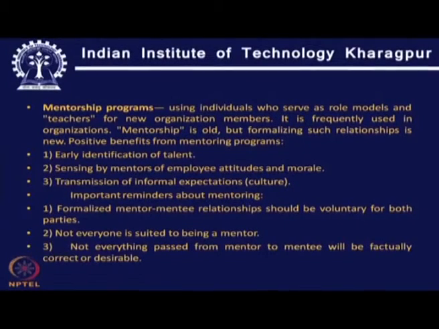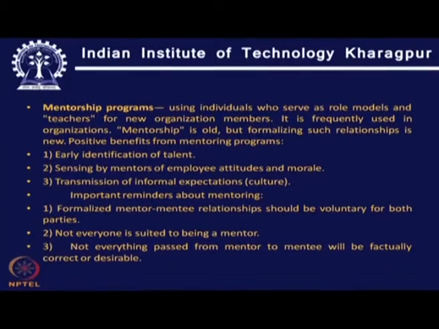But again, there are a few words of caution. The formal mentor-mentee relationship should be voluntary for both the parties. Nobody should be forced to do mentorship under a particular person, and on the other side also the mentors should not be forced to accept someone as a mentee.